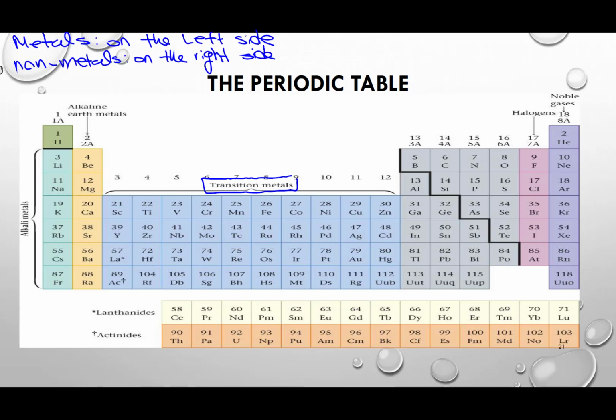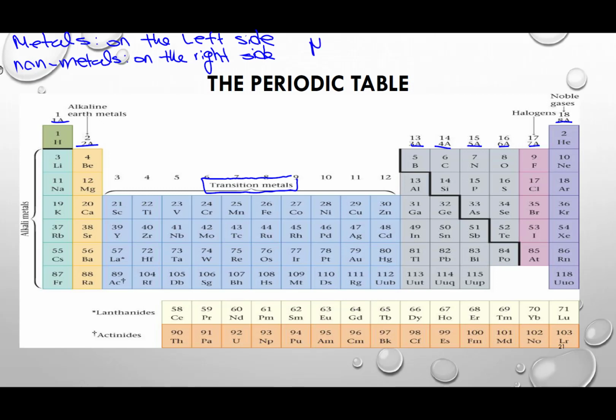Basically, when we talk about the periodic table of elements, group 1, let me go over it another way. You will see those A's, 1A, 2A, 3, 4, 5, 6, 7, 8 A's. These are the major group elements.